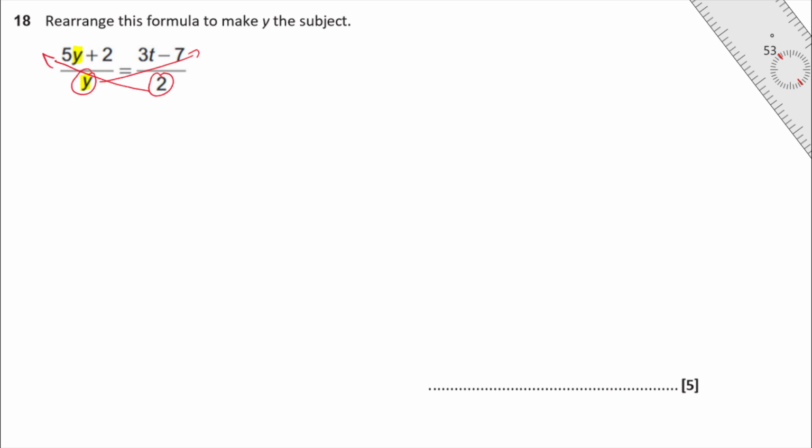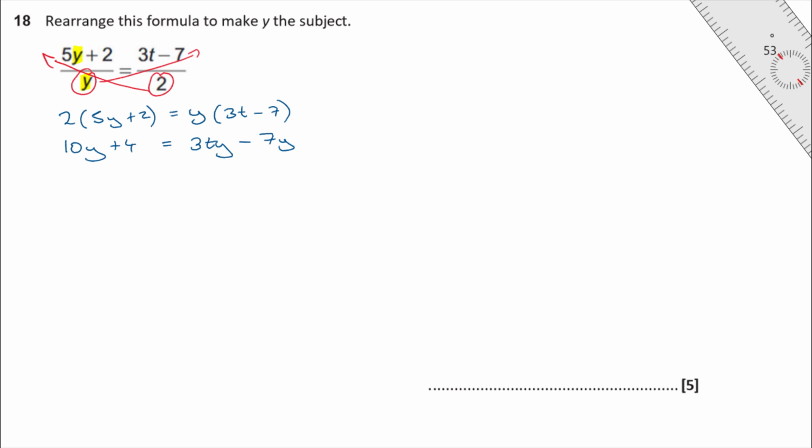So that's going to give me 2 lots of 5y plus 2 is equal to y lots of 3t minus 7. So removing the brackets, that's 10y plus 4 equals 3ty minus 7y. Okay, so I've got 3 terms with y in and a 4.